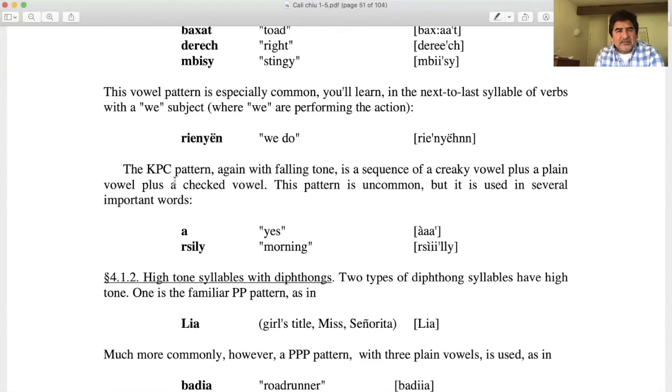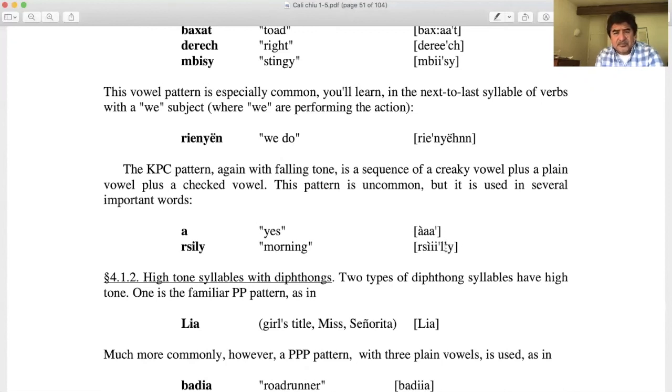Okay, so this is a creaky, plain, and check vowel pattern. So here we go. Yes. I hope that you can hear the creaky, the way in which this word begins creaky and then ends with a glottal stop. So here we go. And then morning, seal. Again, that double consonant.